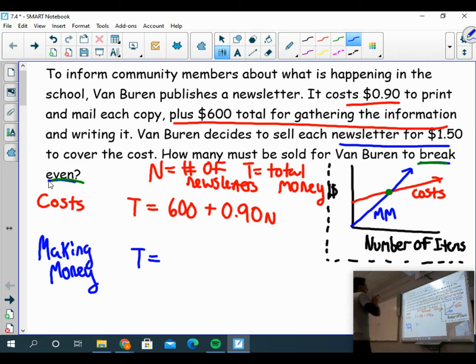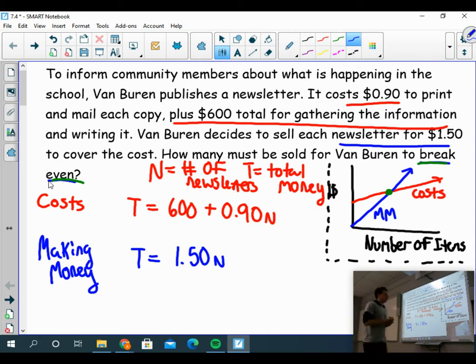Well, I am given information about the parts. I don't know the total amount they make, but they are making money by selling each newsletter for $1.50. And again, I'm going to attach via multiplication that variable N, because that 1.50 will be multiplied by the number of newsletters we sell, N being the number of newsletters.